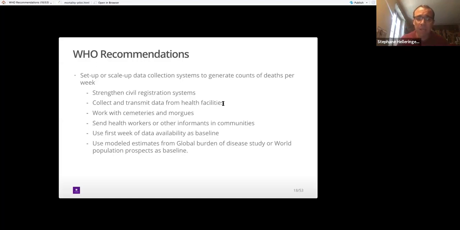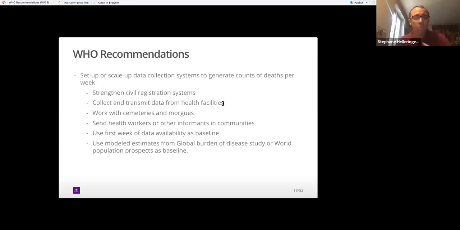By this, they include trying to strengthen civil registration systems that may be too limited, collecting and transmitting more data from health facilities, working with cemeteries and morgues, for example, that have direct involvement in the management of deaths, and sending health workers or other informants in communities to count deaths and report this information.